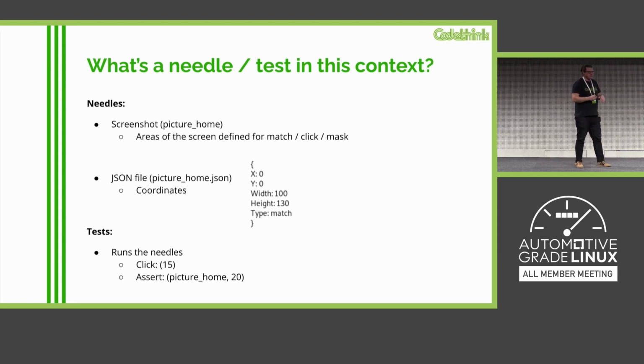So you can do clever things like that. And then the tests themselves that live in the Git repo, they kind of operate on the needles, so the tests will assert where you want to click and how long you want to wait for and so forth. So with this combination, you can test every workflow on the screen, navigate from one screen to another, etc., etc.